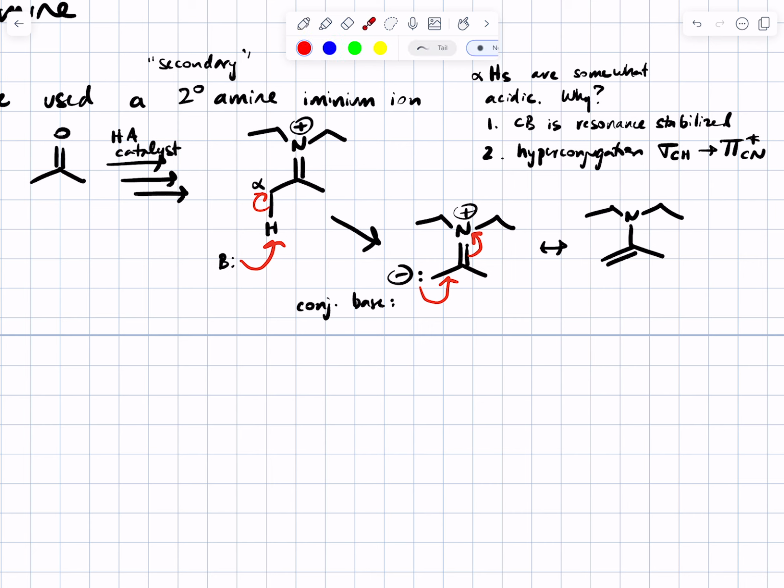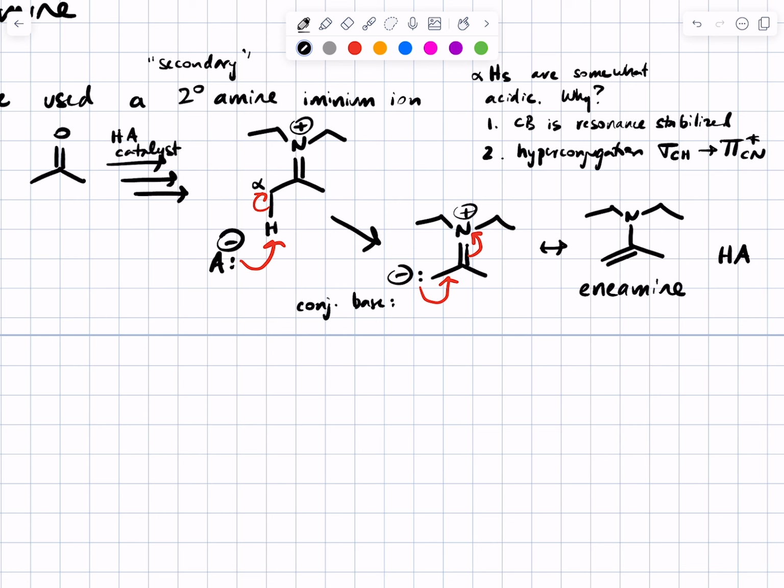We'll review that again, but those are the two explanations for why protons alpha to carbonyls are acidic. If the conjugate base of our acid removes that alpha proton, we regenerate our acid catalyst, and our product here is no longer an imine, it is called an enamine.